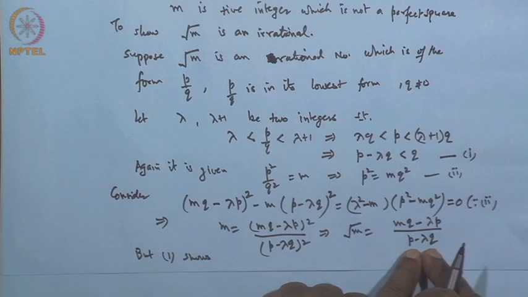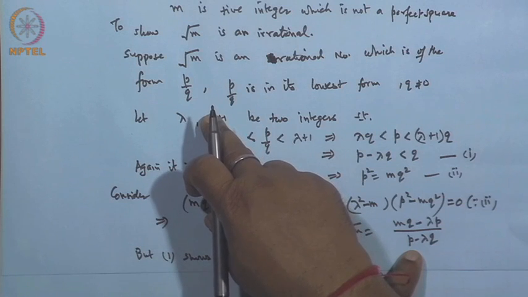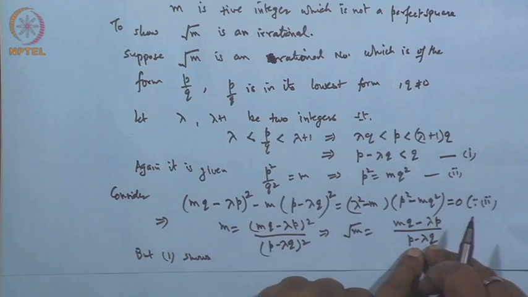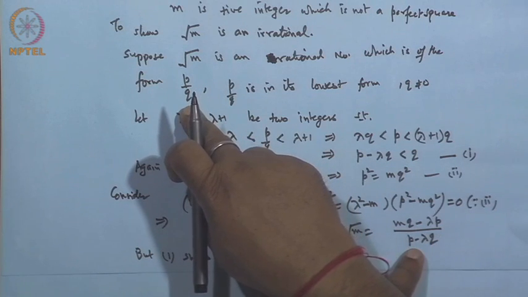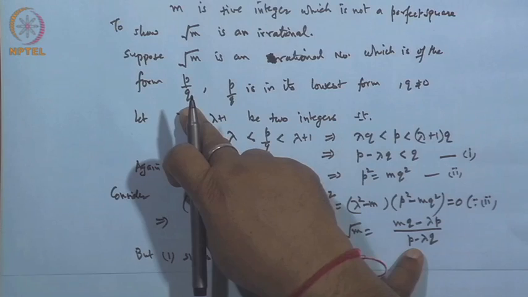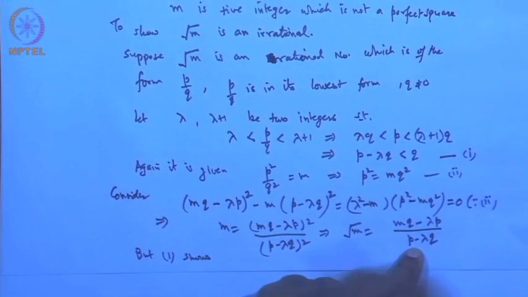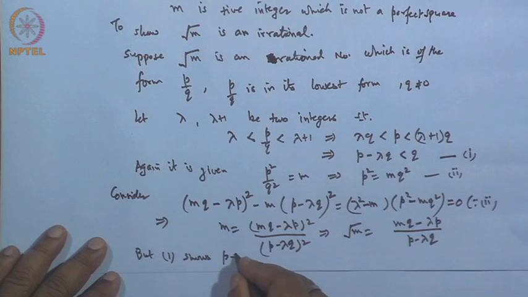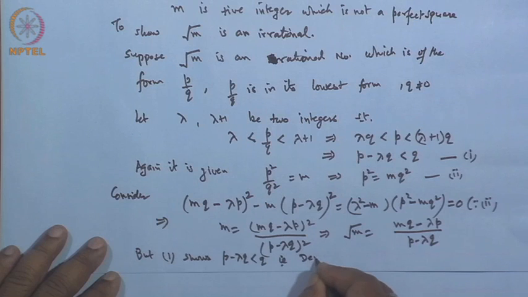Root m is written in the form p by q, which is in lowest form, but root m can also be expressed in this form where the denominator is strictly less than q.